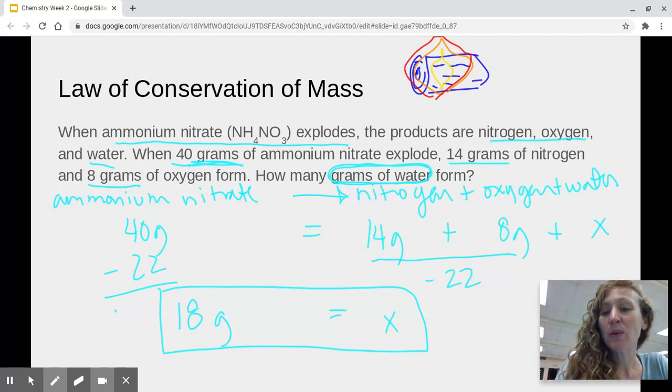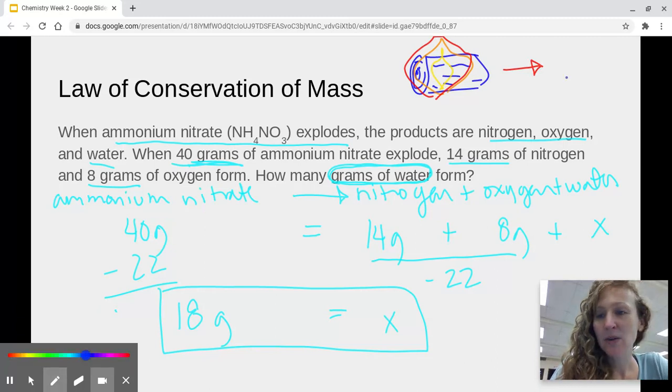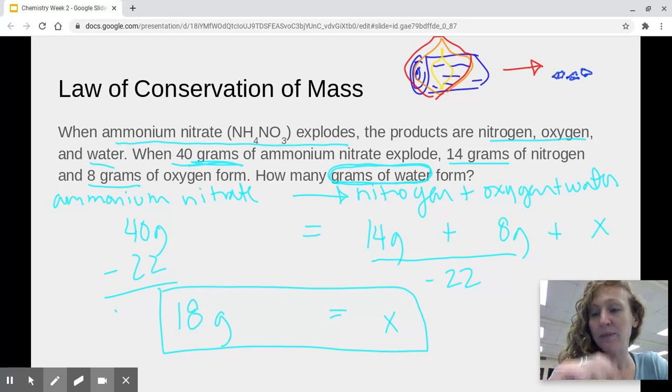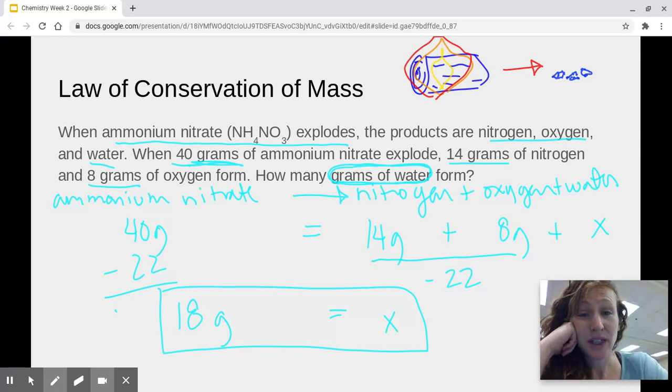Okay, so we have this log in the beginning. We add some heat, our log burns, and in the end, we just have a couple pieces of ash left over. Okay, so have we conserved mass?